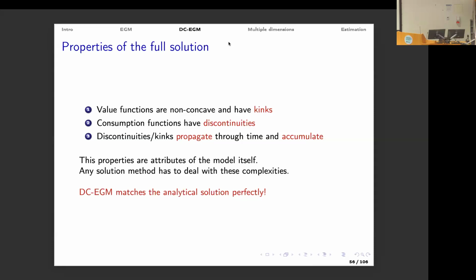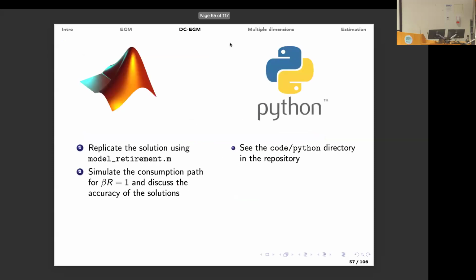That makes this deterministic version of the consumption-savings problem with discrete choices, or any other sort of non-convexities, really hard. But DCEGM works well. If you have a dense enough grid, then we can basically replicate that analytical solution.